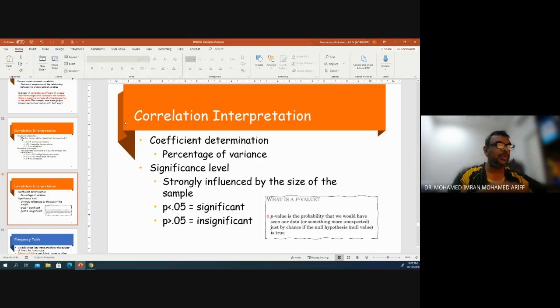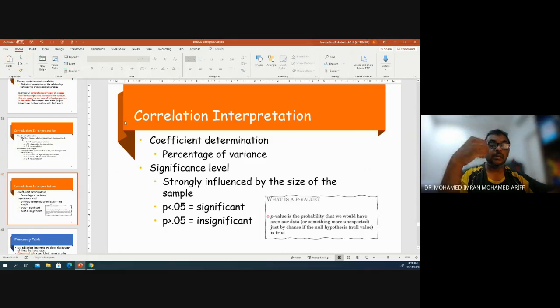P-value bermaksud you buat satu kiraan, and if your p-value kurang daripada 0.05, meaning to say jawapan yang you jumpa ni ialah satu jawapan signifikan dan bukannya jawapan secara kebetulan. Okay, that is what it means by significant value. Okay, that means it's significant.